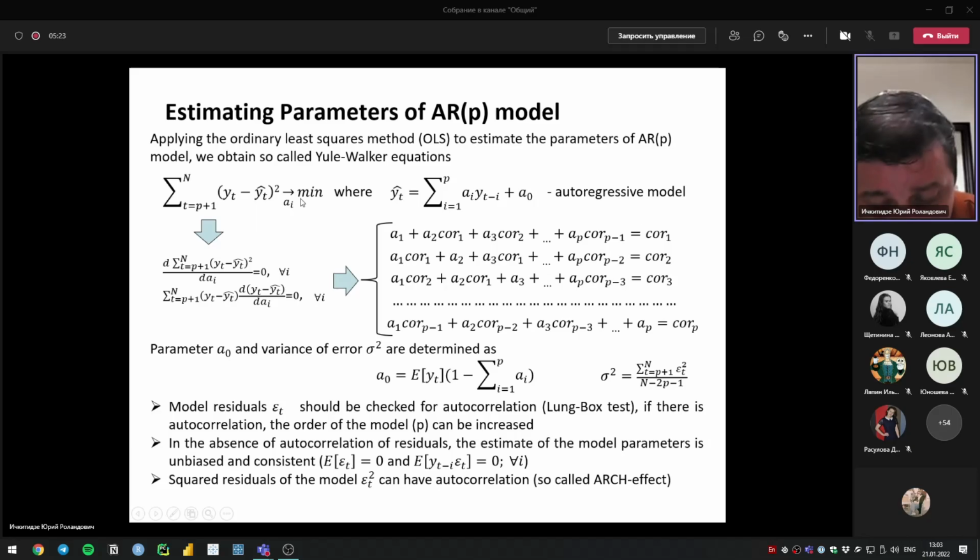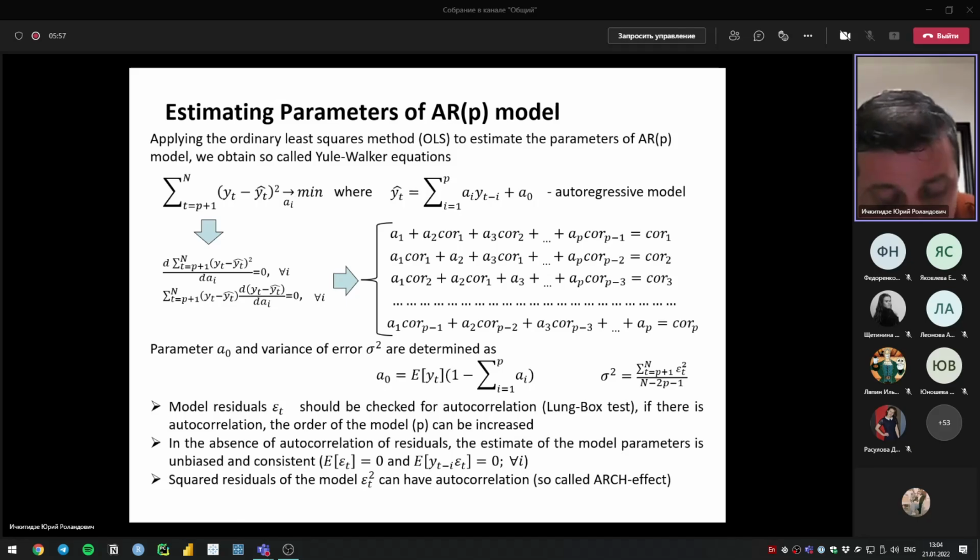Minimizing this functional, we must take partial derivatives for each autoregressive coefficient and equate these partial derivatives to zero. Further, solving this equation for each autoregression coefficient, we get the following system of equations. It turns out that we have P equations corresponding to the order of the autoregressive model.